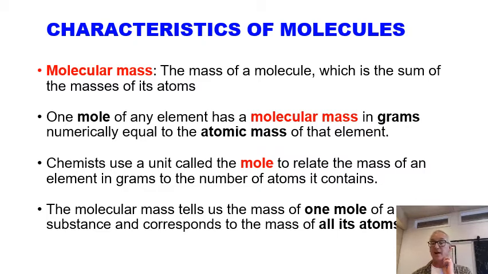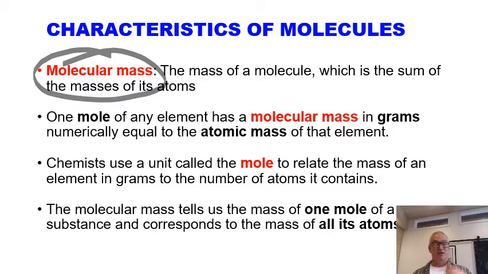So let's look at some of the characteristics of these molecules. This we've talked about already, but I really want to make the point of what a mole is. We know the molecular mass is just adding together the masses of all the atoms in a molecule.